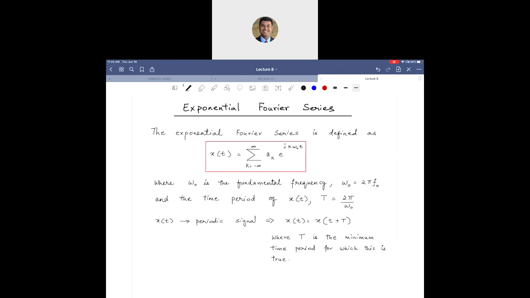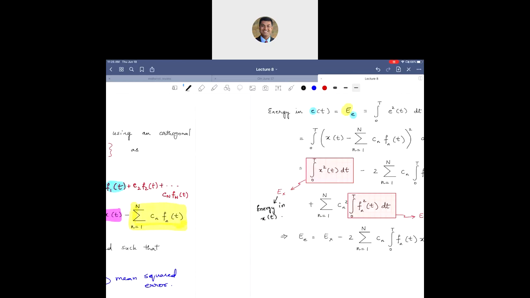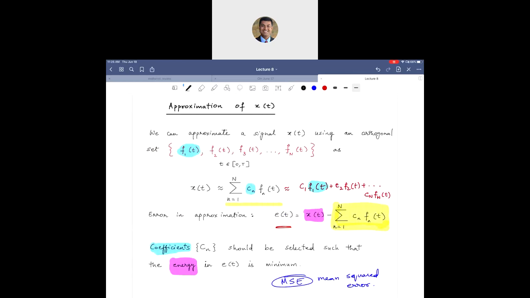So to go back here, we know the best choice of Cn. We know that a set of complex exponentials qualifies as an orthogonal set. So we should be able to put these two together and apply it for any x of t.